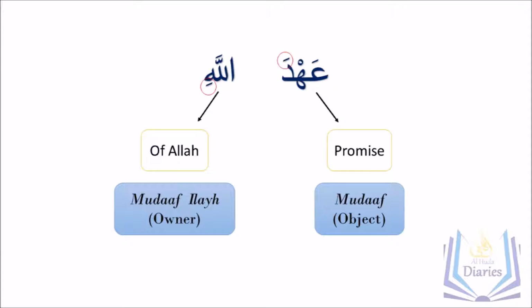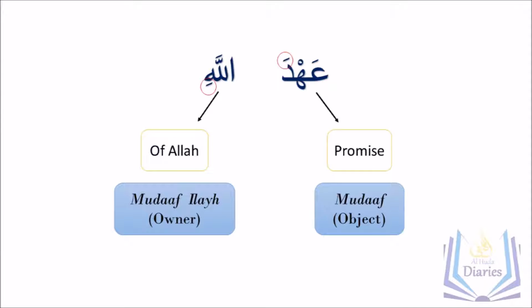And we have learned that Allah, being the mudaf ilay, is always in the state of jar. Therefore, He kept the kasra. Whereas Ahd is in the state of nasab. And why is it in the state of nasab? Because in this particular sentence, it is the object. Because this ayah says, الَّذِينَ يَنقُضُونَ عَهْدَ, that is, they break the covenant, they break the promise.